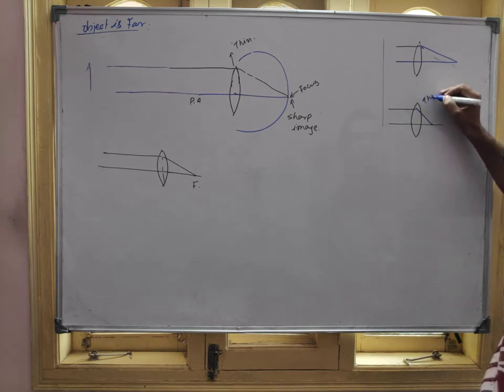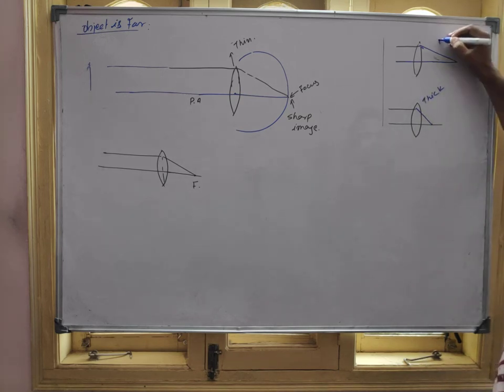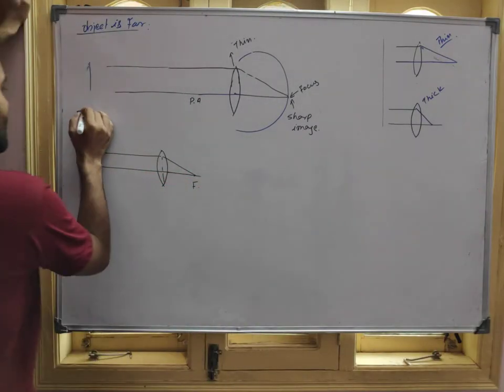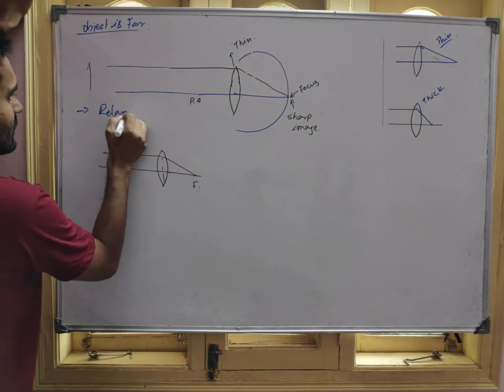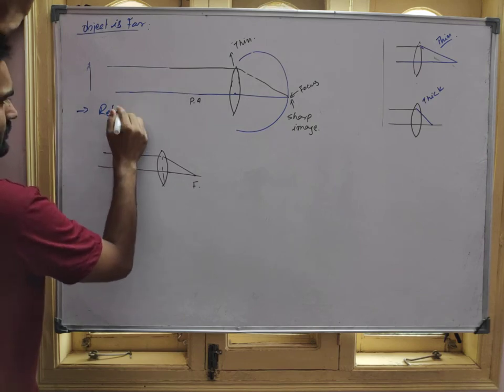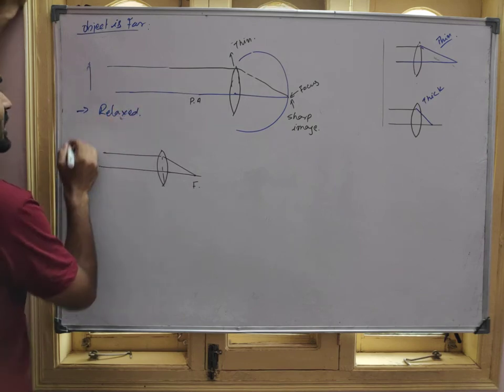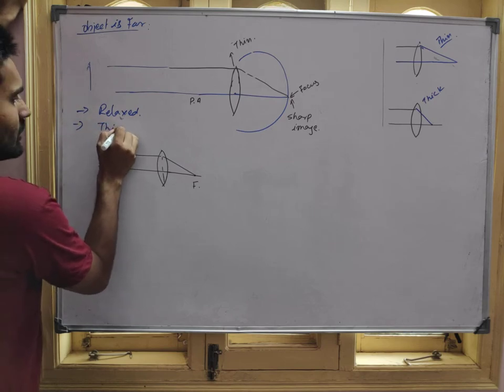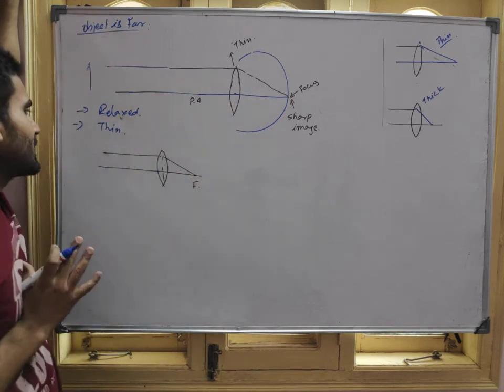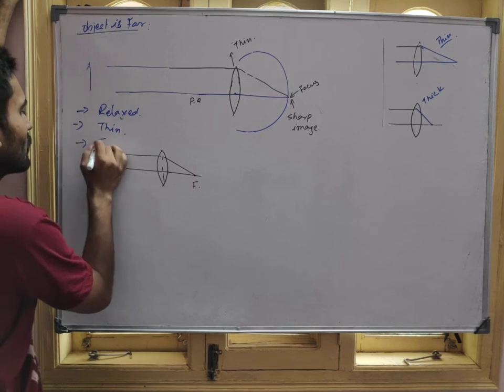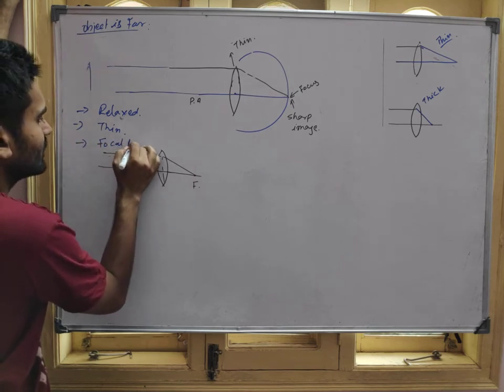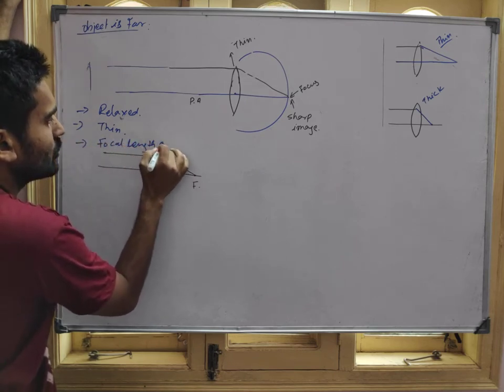This is the thick lens, this is thin. So when the object is far, the muscle will be relaxed and the lens will be thin. The focal length will be more here, right?